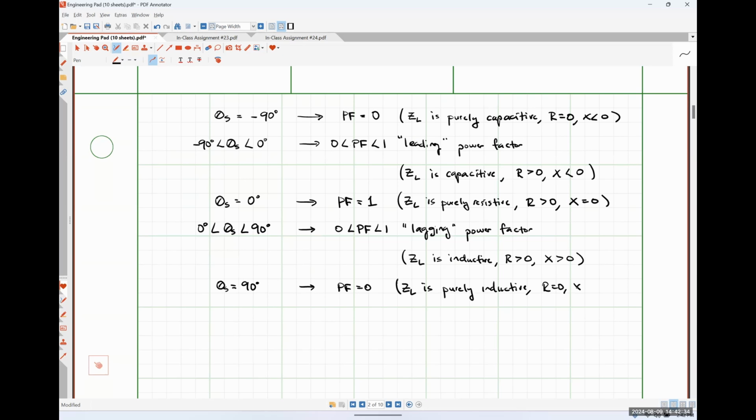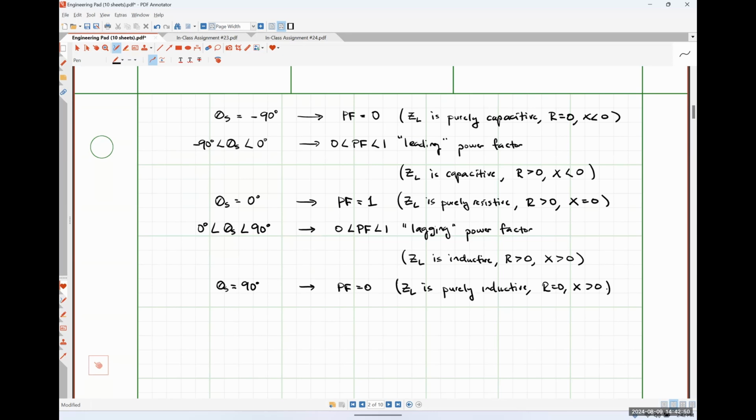R is 0 and X is greater than 0. Okay. So knowing our power factor angle tells us a whole lot about what's going on in our system.